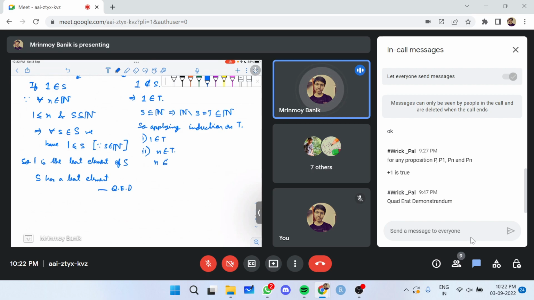That means n is not inside S, and we have to show n plus 1 is inside T, or n plus 1 is also not inside S. So what would have happened if n plus 1... Okay, so let's just bifurcate again.